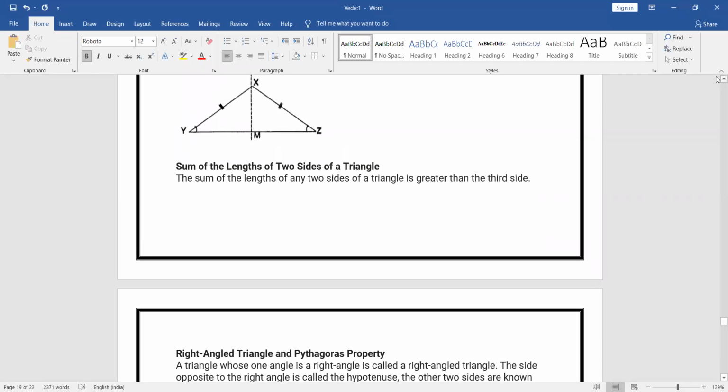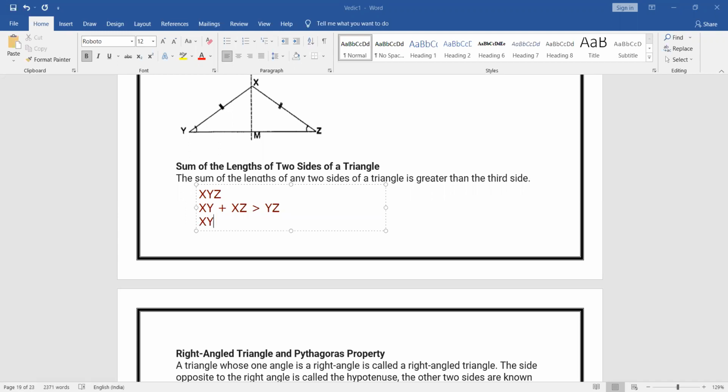For example, in the same diagram, triangle XYZ, if we add two sides, अगर हम XY में XZ add करते हैं, then it will be greater than YZ.